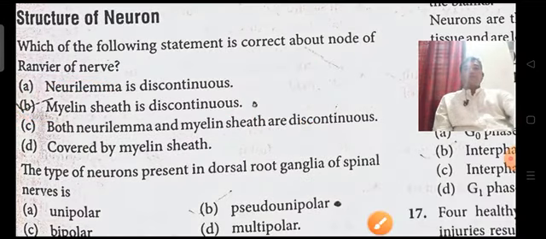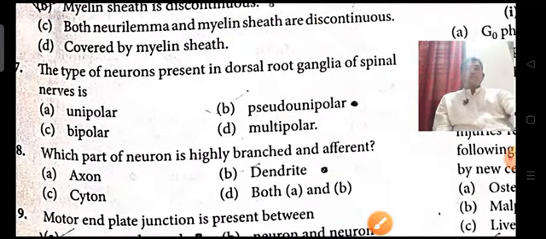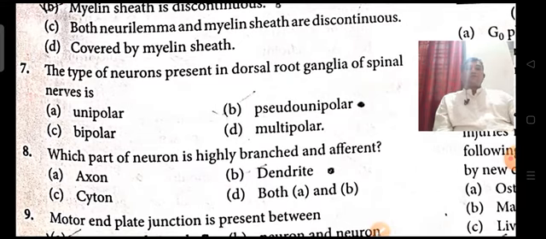Next question: the type of neurons present in the dorsal root ganglia of spinal nerves is unipolar, pseudo-unipolar, bipolar, or multipolar. Most of the neurons in our human body are multipolar. Unipolar can be seen in embryonic stages.